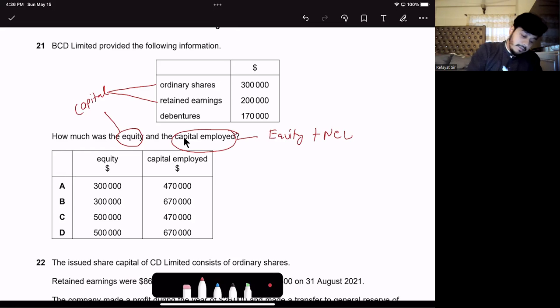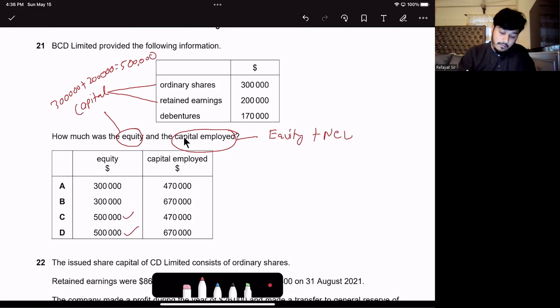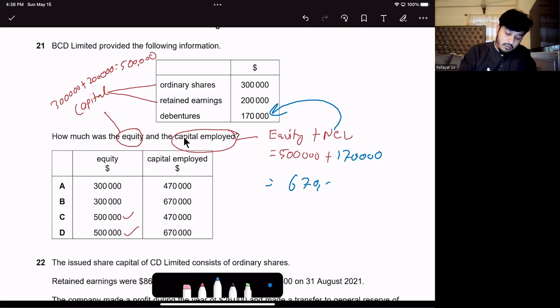So if you add them up, 300,000 plus 200,000 will give you $500,000, and capital employed will be the equity, which we just figured out, 500,000, plus the non-current liability, 170,000, which is 670,000. D is the answer.